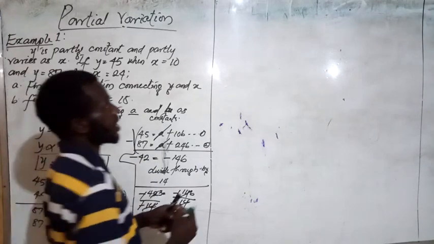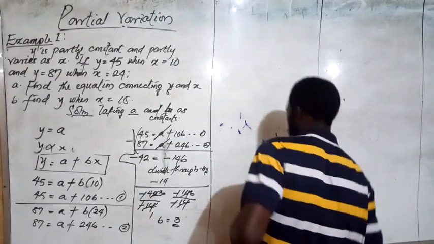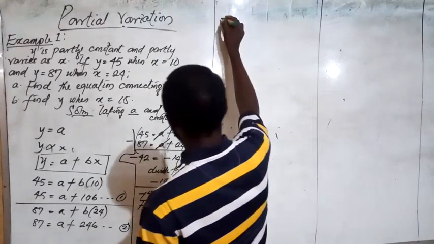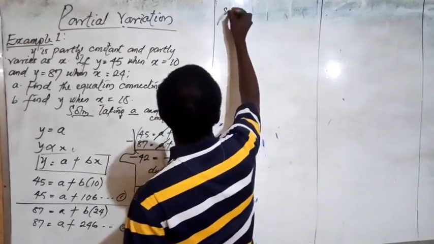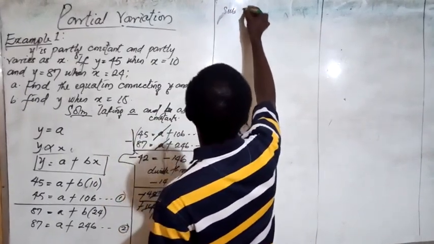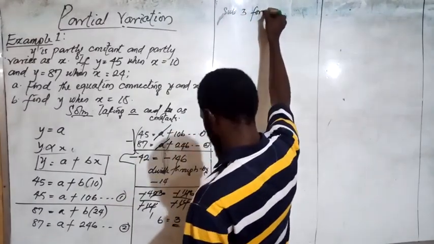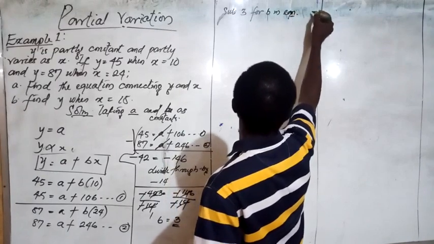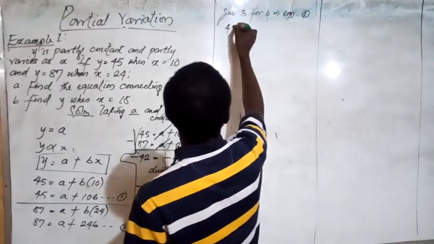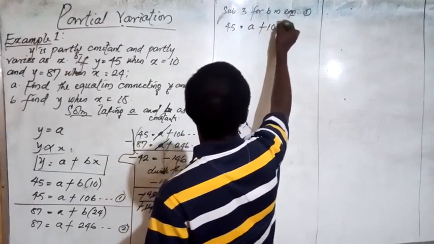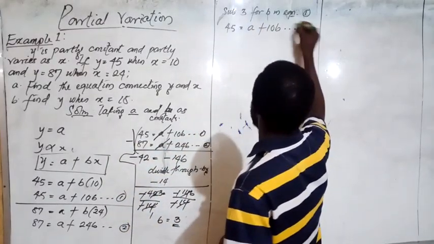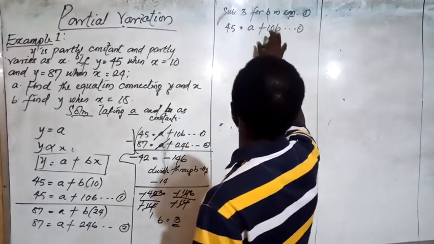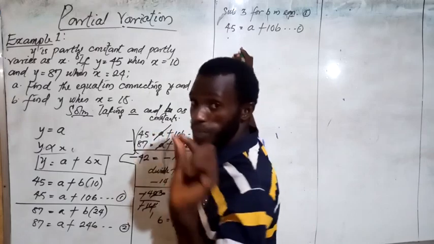We can now plug the value of that first constant into the equation so that we can get the second constant. We can plug it into equation 1. So we substitute that 3 for b in equation 1: 45 equals a plus 10b. Anywhere we find b, we put 3.